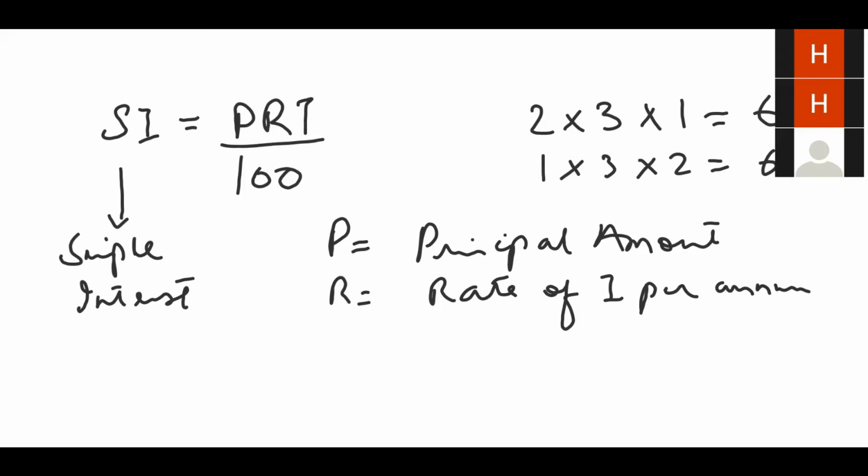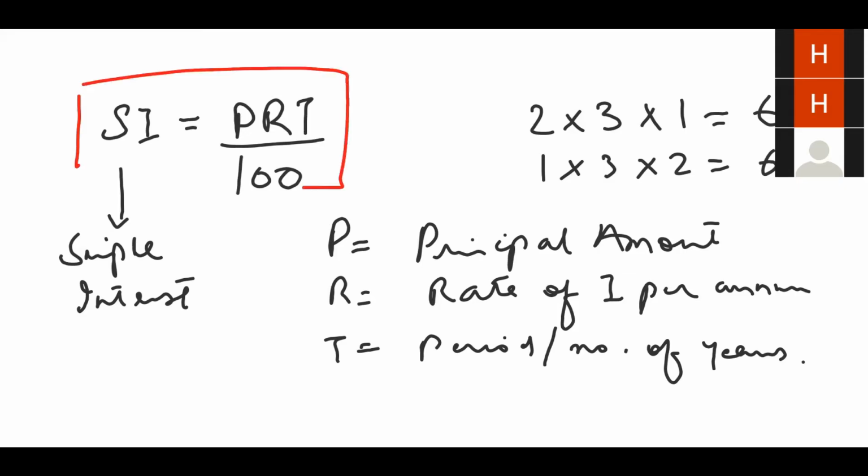And your T represents your period, or the number of years that you're finding the interest about. So if they say that you have to find the simple interest over a period of 4 years, your T would become 4. So T basically represents time, the time period, the number of years.